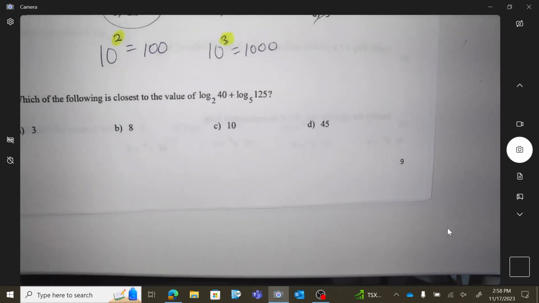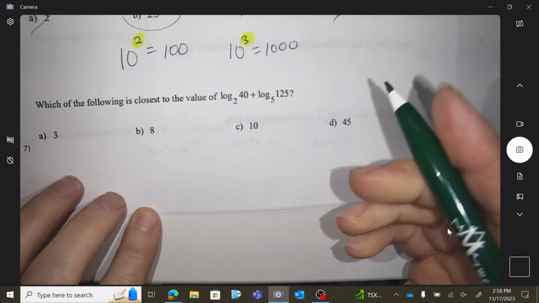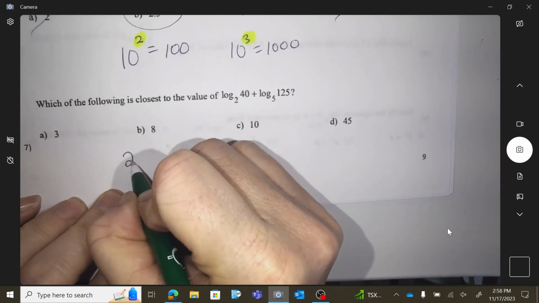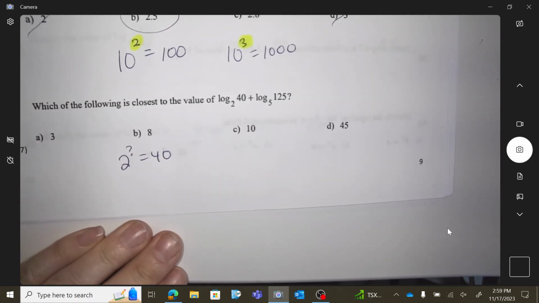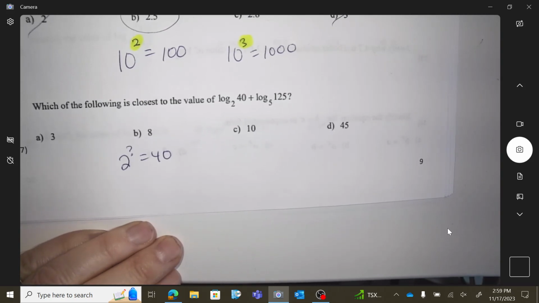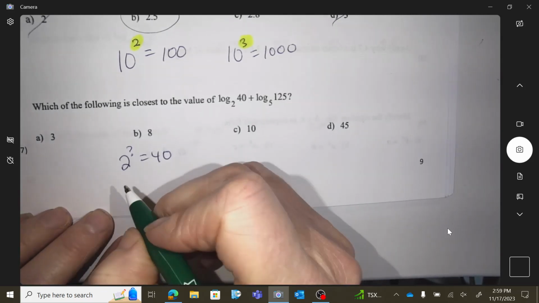Okay, I'll do the next one with you. Okay, so 2 to the what is 40? Again, no calculators allowed, so 2 to the what equals 40. That's what I'm going to think about. What's the exponent?